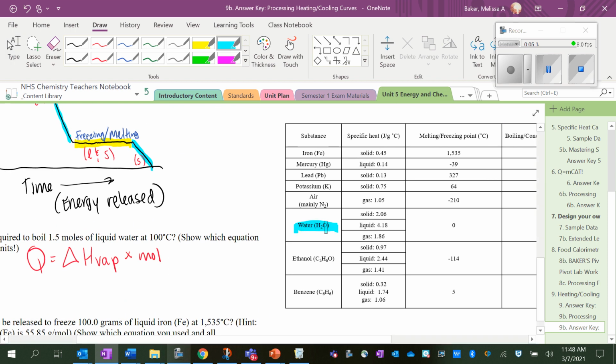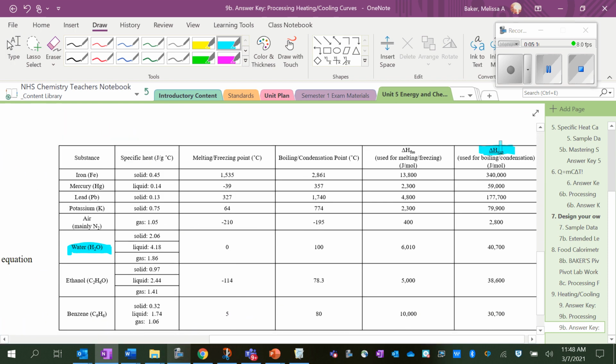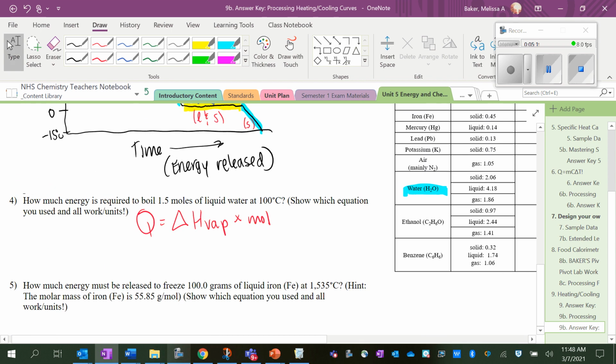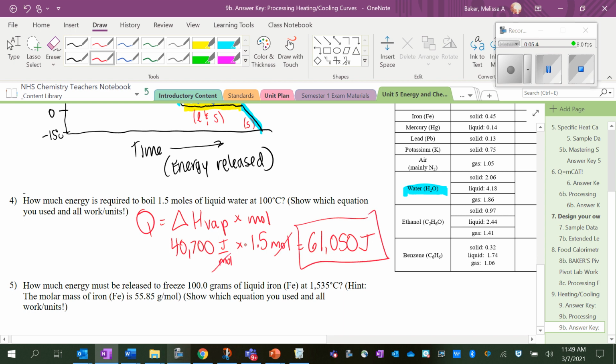So here's water, and the heat of vaporization is 40,700 joules per mole, and it says that we are trying to boil 1.5 moles of water. So I'm going to multiply these together. I get 61,050 joules of energy required to boil 1.5 moles of water.